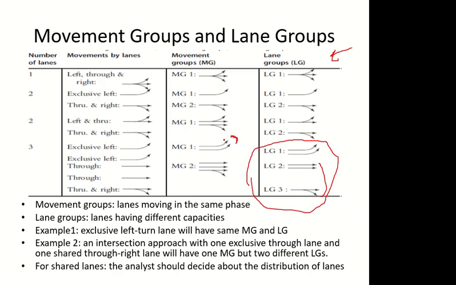If you have like 100 vehicles total left turning, they will not divide 50-50. Drivers think differently. Many of them may want to go with the extreme left lane, or if there's a U-turn, they may want to go for the next left turn lane, the middle left turn lane. But in any case, they will not be 50-50.